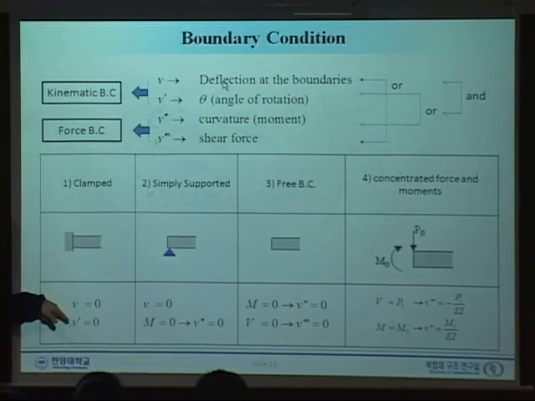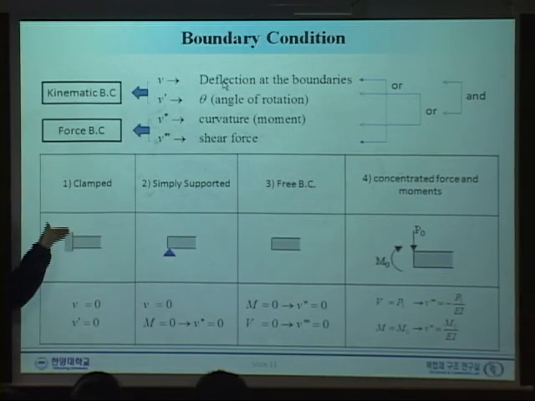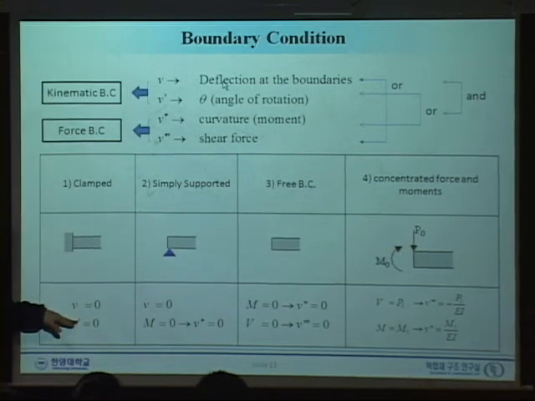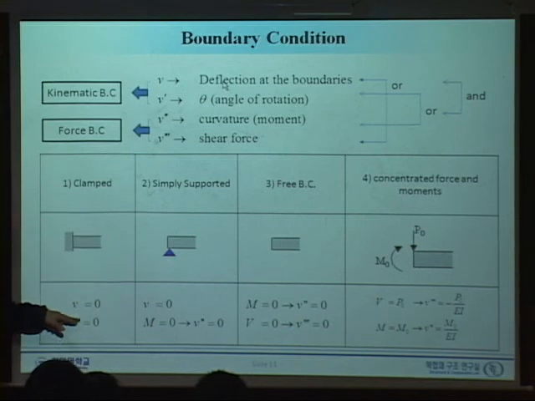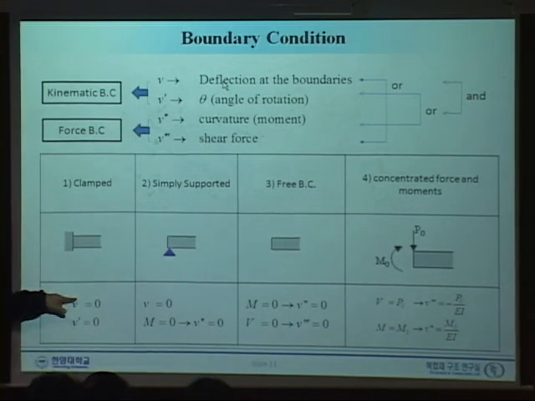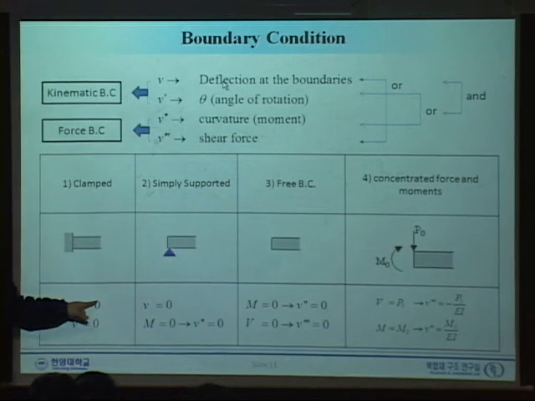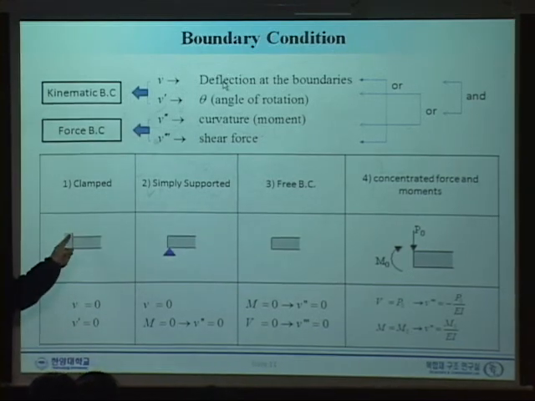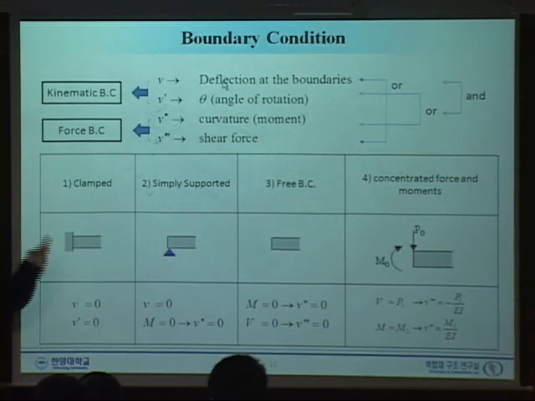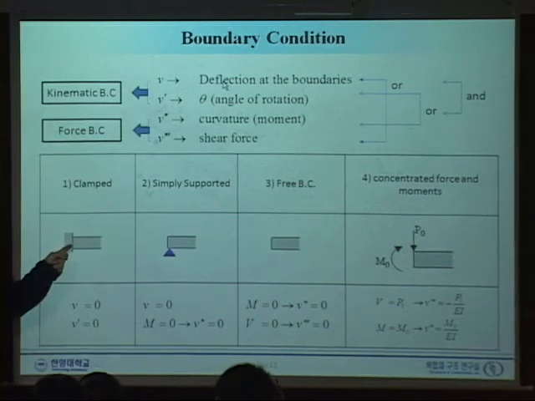The given conditions are simply that there's no deflection and no slope. V prime is the angle, right? Slope. So V and V prime should be 0 at the clamped end. So how many conditions do we have? We have 2 boundary conditions for the clamped case.